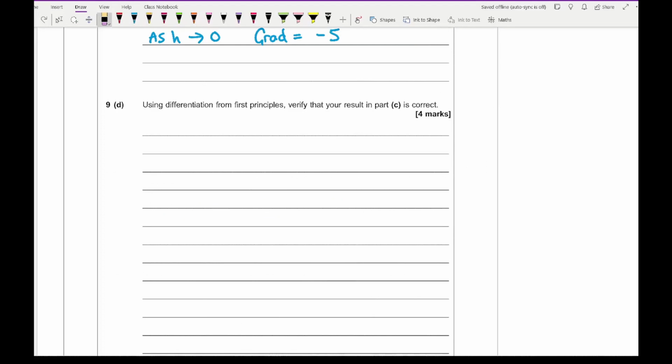So then looking at question 9d, it says using differentiation from first principles, verify that your result in part C is correct. So looking at this, let's start by writing down the initial coordinates. So we've got (3, -6), and the other coordinate was 3 plus h, and the y ordinate, when we substitute 3 plus h into x minus x squared, so that's what y equals, then the y ordinate is going to be 3 plus h minus (3 plus h) squared.